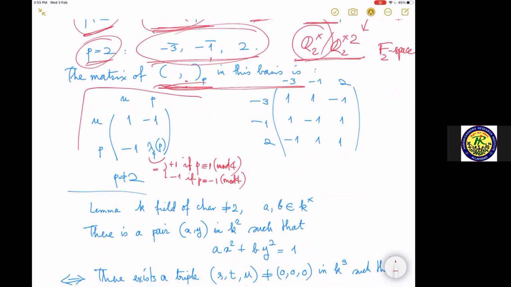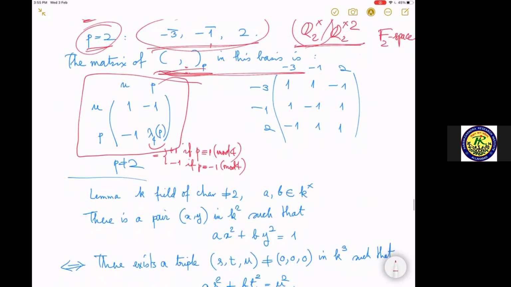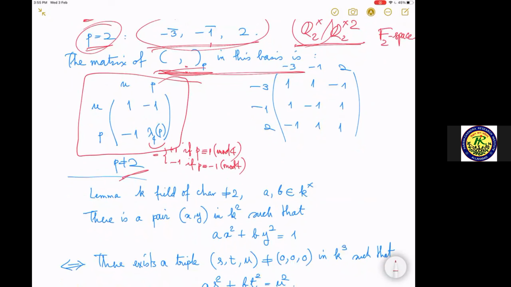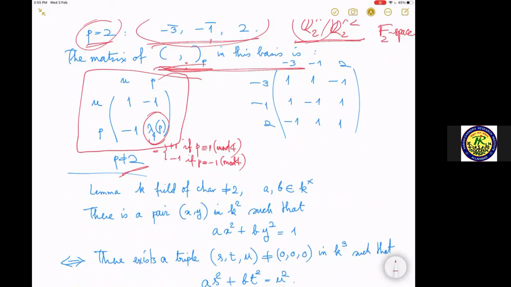And here's the matrix if p is odd, where this lambda 4 of p, you'll recall, just means that it's +1 if p is congruent to 1 modulo 4, and it's -1 if p is congruent to -1 modulo 4. And here is the matrix when p is equal to 2. It's a 3 by 3 matrix because the basis consists of 3 elements.